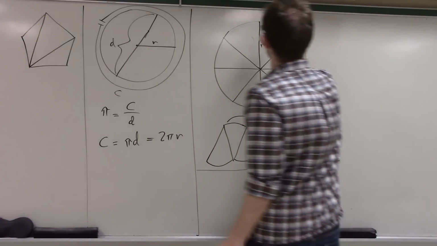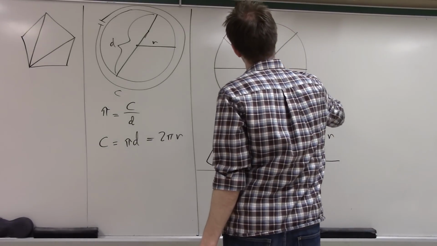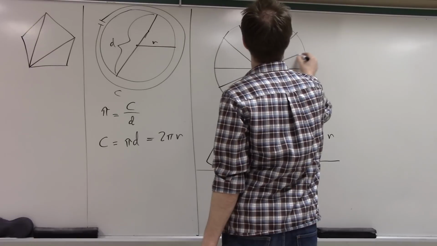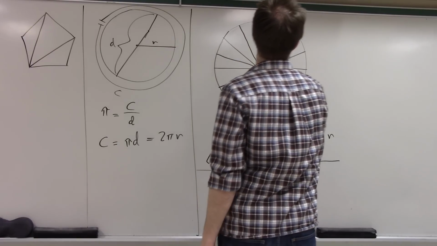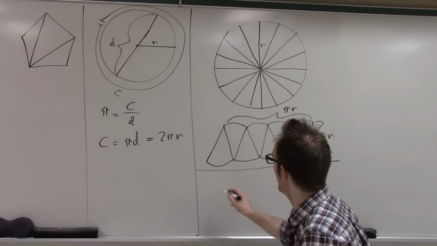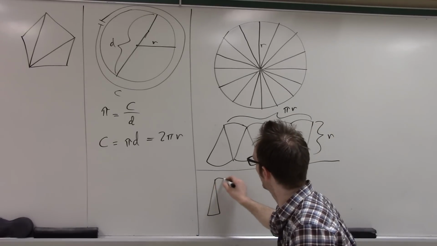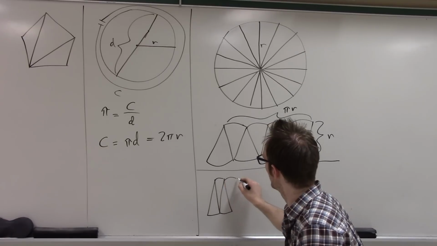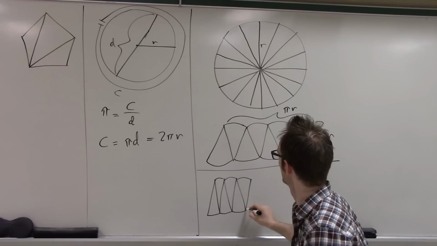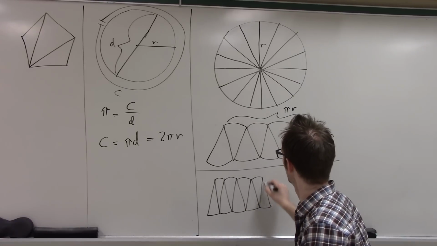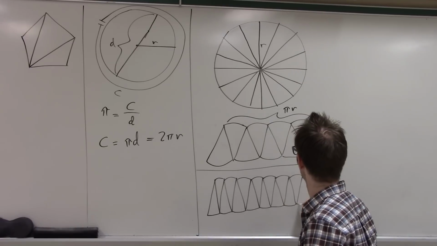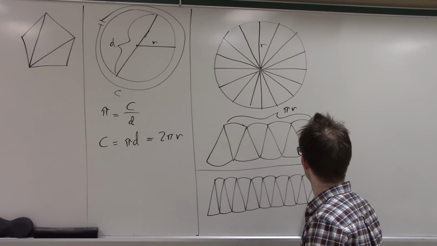But I think you see, here comes the fake calculus part. Well, actually, we're not doing fake calculus yet. At this point, we're still just talking. If instead I choose to split it up into 16 wedges, well, now I'm going to get something which more closely approximates a rectangle.